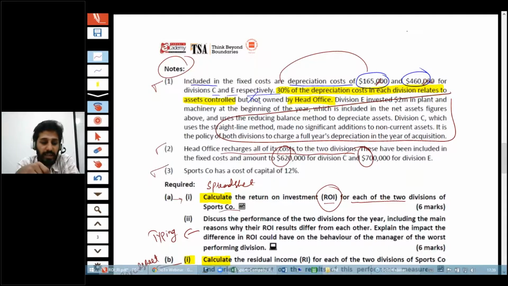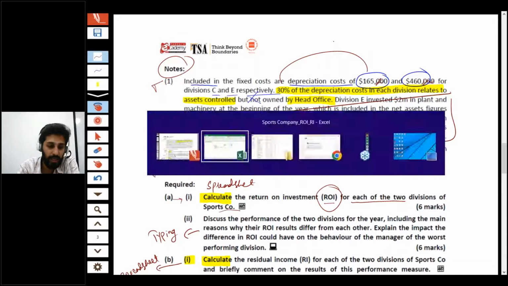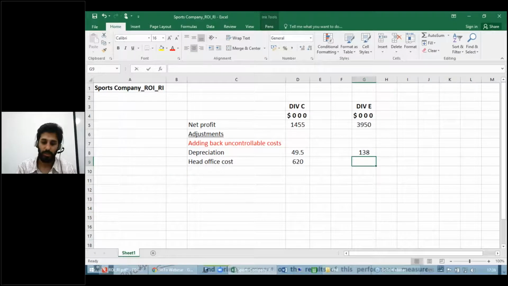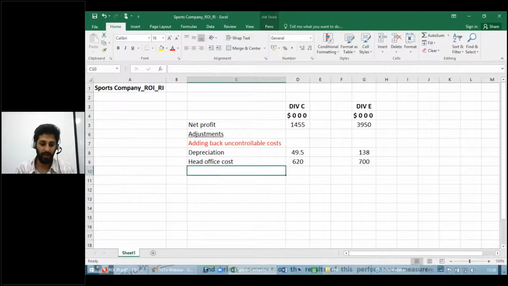So it's 620 and 700. I'm writing here head office costs. It's 620 and 700. So simply add it back and write here the words controllable profits by divisions.